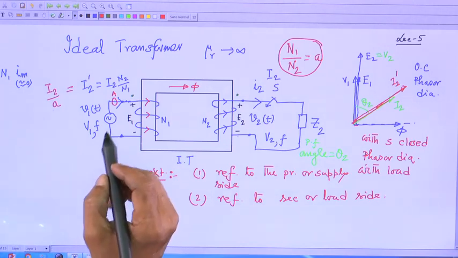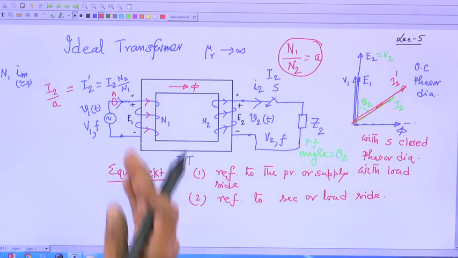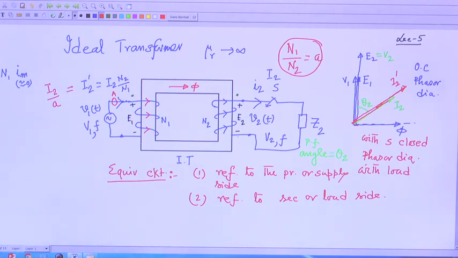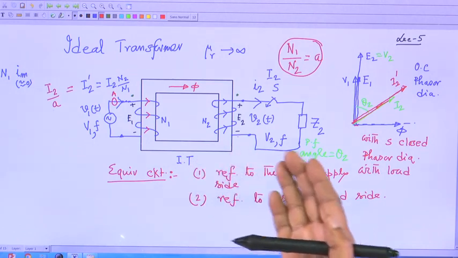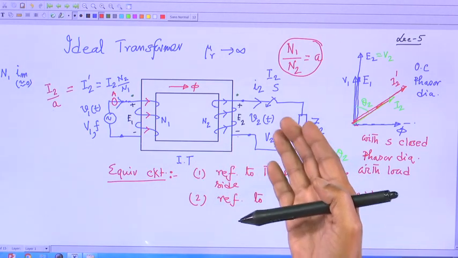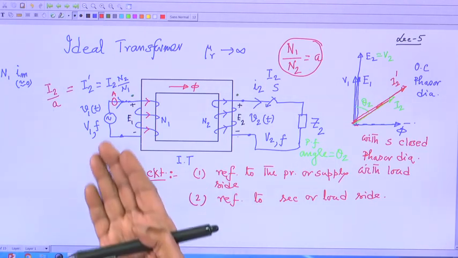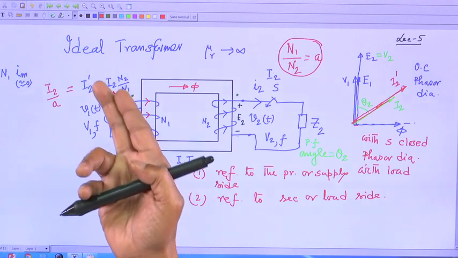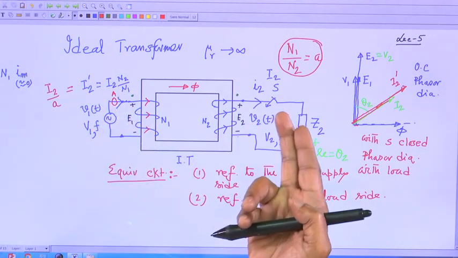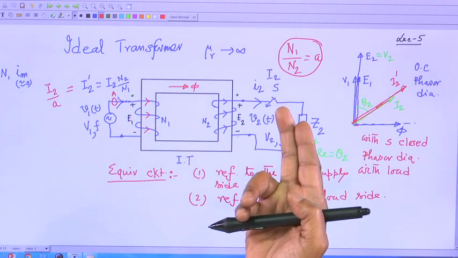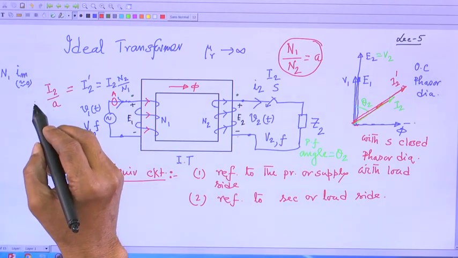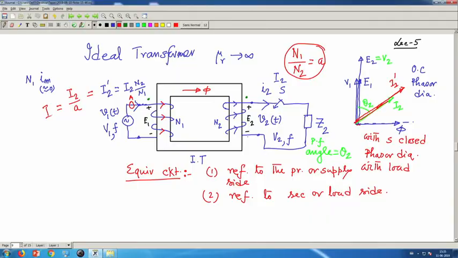Now, if you look from the supply side, the supply does not know whether you have connected a transformer and then across the secondary side a load. What it only knows is that here is a supply and it is supplying a current I2 dashed when S is closed, and this I2 dashed I will call I1 in this case, the primary current.